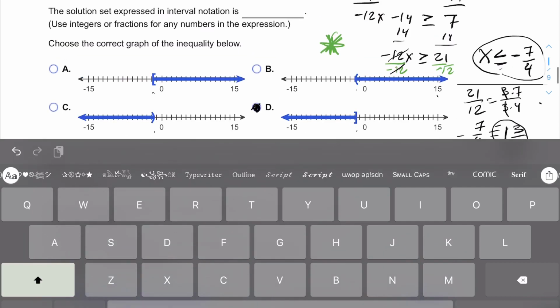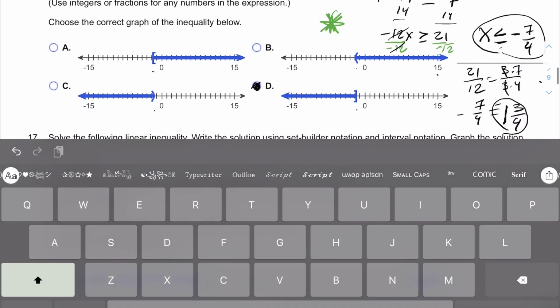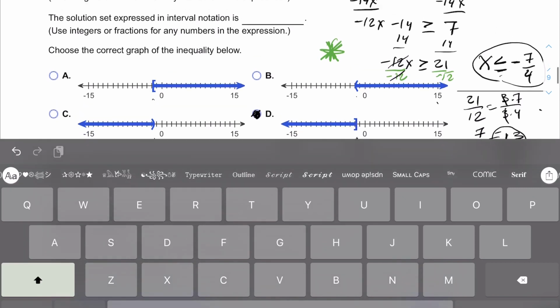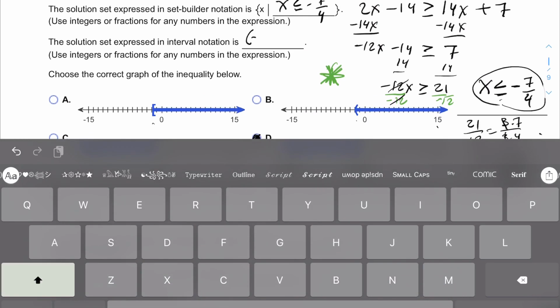Okay, and the rest of the answer here is negative infinity, and that was negative 7/4. So this is going from negative infinity up to negative 7/4.